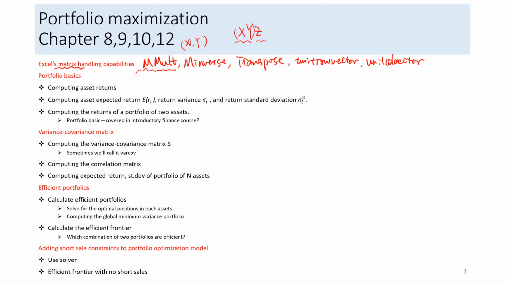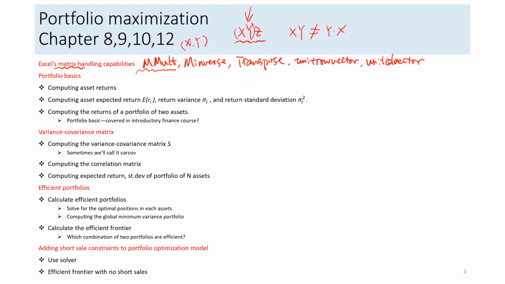For matrix multiplication, the order really matters. For matrices, x times y does not equal y times x. So that's why we have to use matrix multiplication in this way, using double matrix multiplication to calculate the multiplication of three variables.